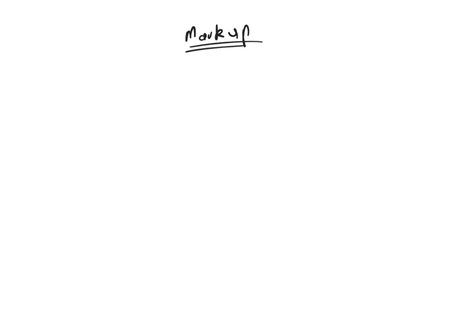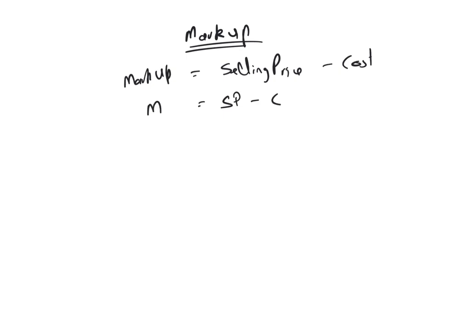unpacking what these mean. Now markup is just the difference between your selling price and your cost. So I'm going to call this SP, selling price, and then cost is what our markup is.